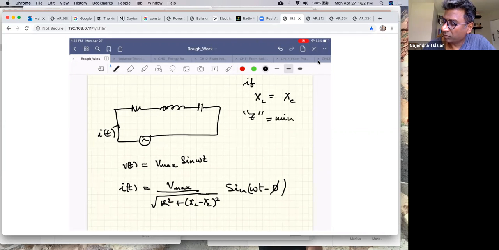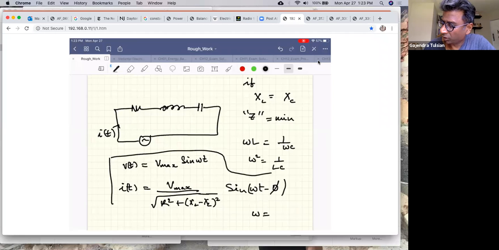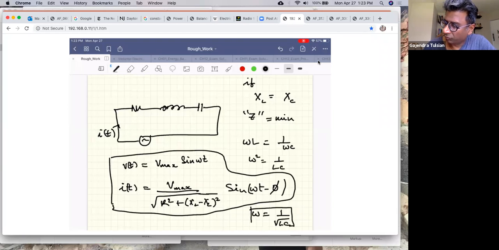XL is omega L and XC is 1 over omega C, so omega squared equals 1 over LC, and omega equals 1 over the square root of LC. So for this particular frequency, if the AC source had this frequency, the current in this circuit will be maximum. That's what we found.